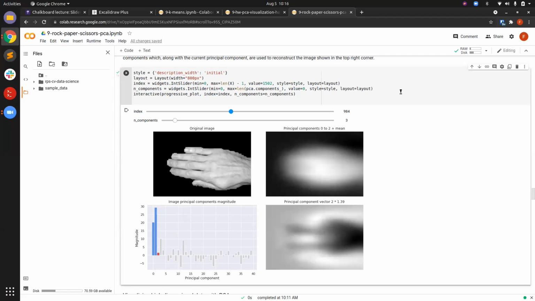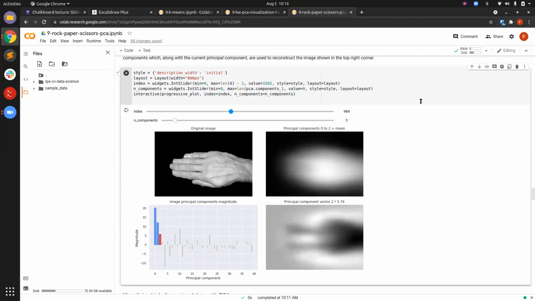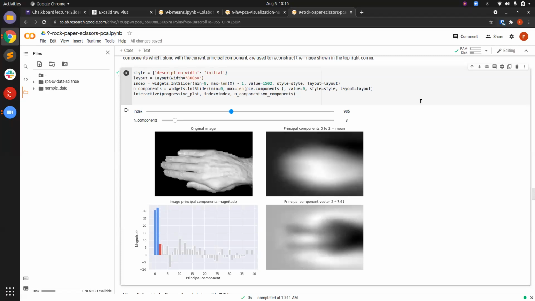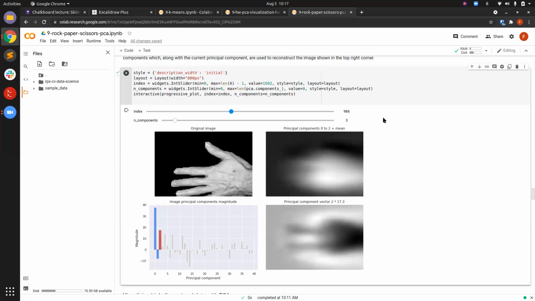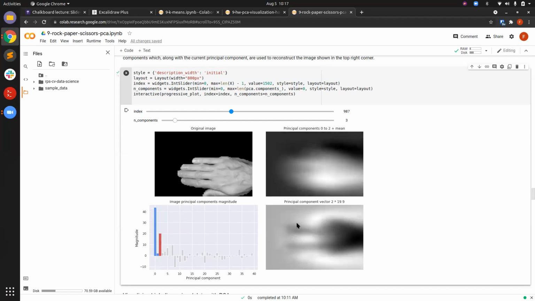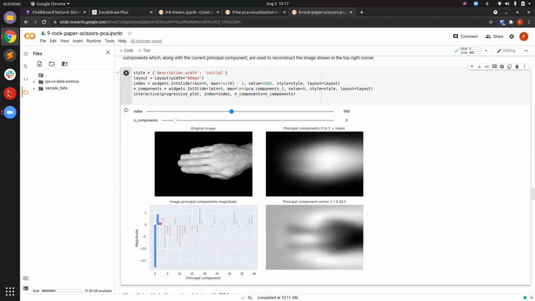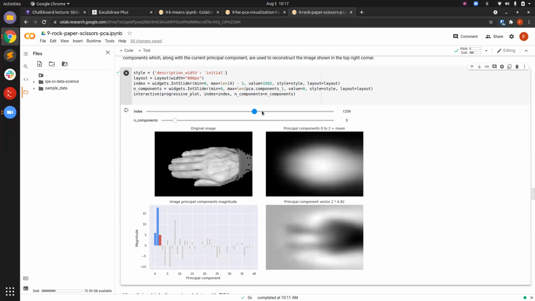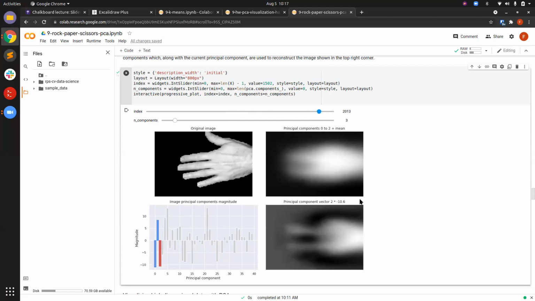But I expect in some of the paper examples where the fingers are spread out more, let's see if we could find one, then this should be more relevant because this image encodes both fingers spread out, but also space between fingers. Let's look at what this principal component does for the scissors.